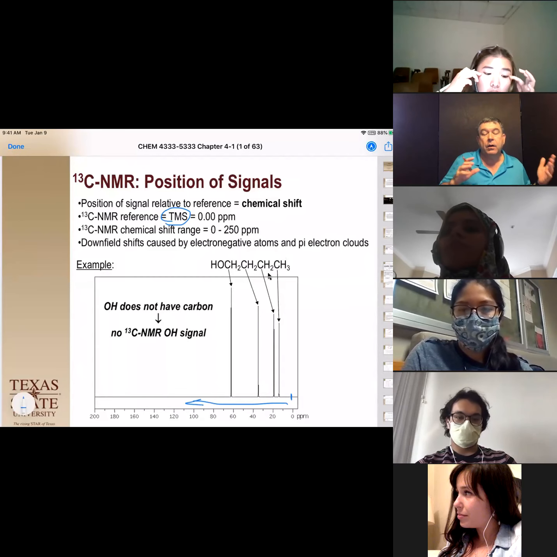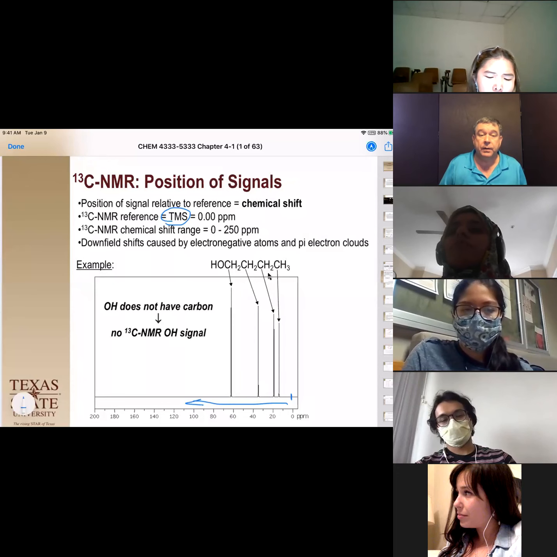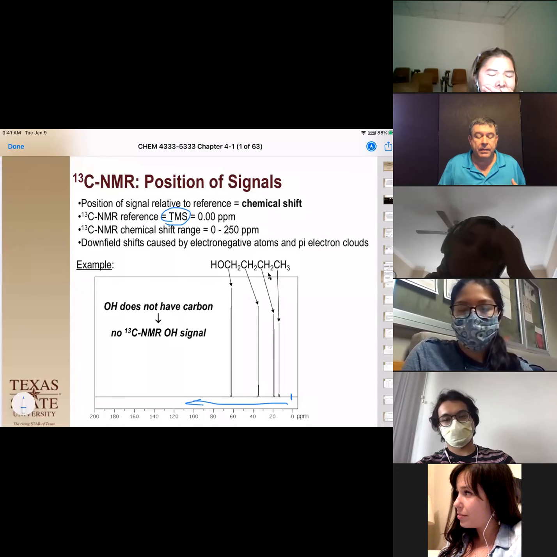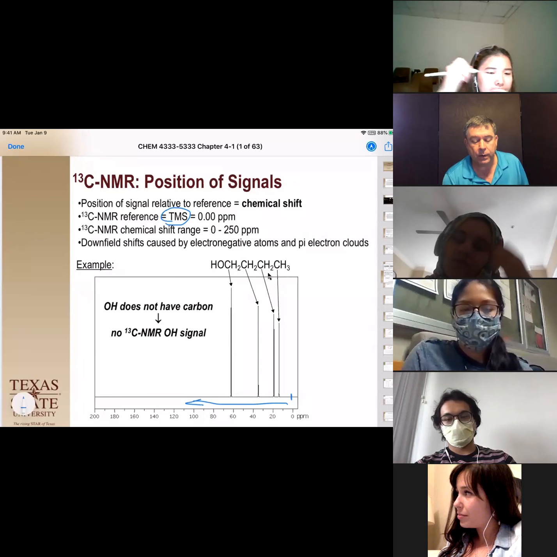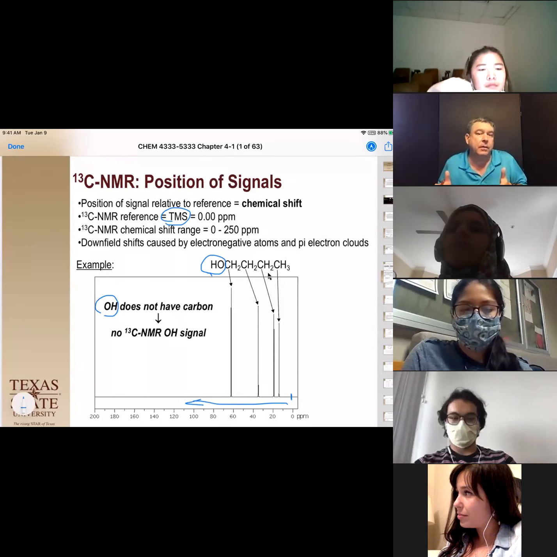And then the closer you are to an electronegative atom, the more downfield you get shifted. Okay. So in this case here, this OH right here shows up in proton NMR because it has a hydrogen on it. However, this OH itself does not show up in carbon NMR because it's not a carbon.